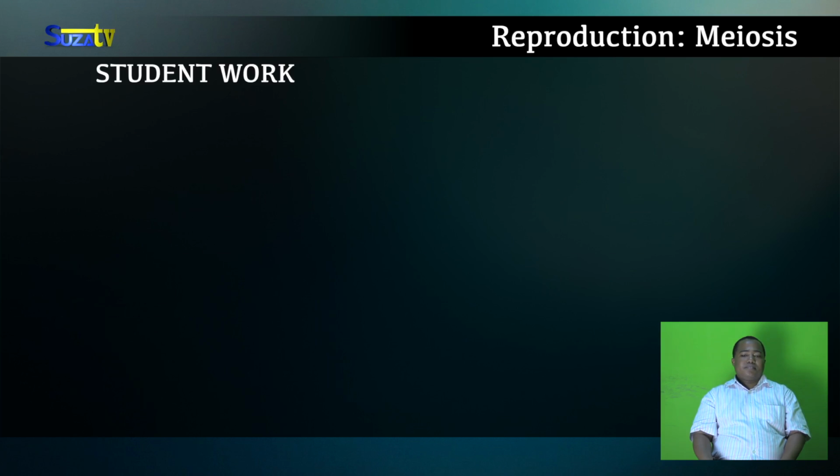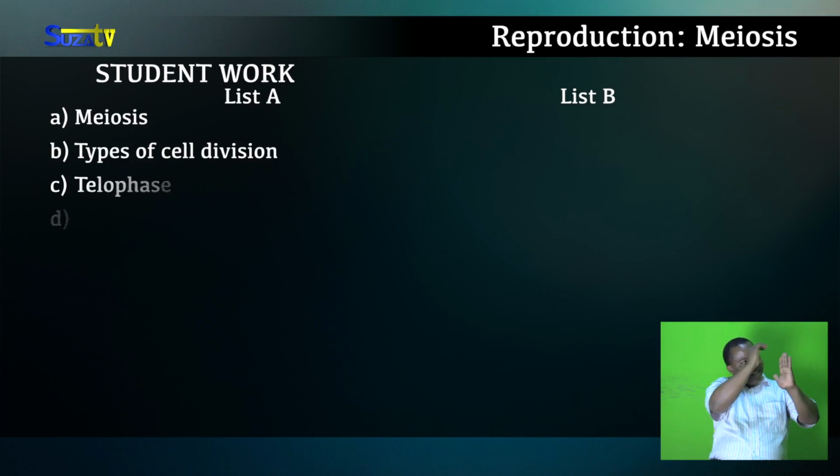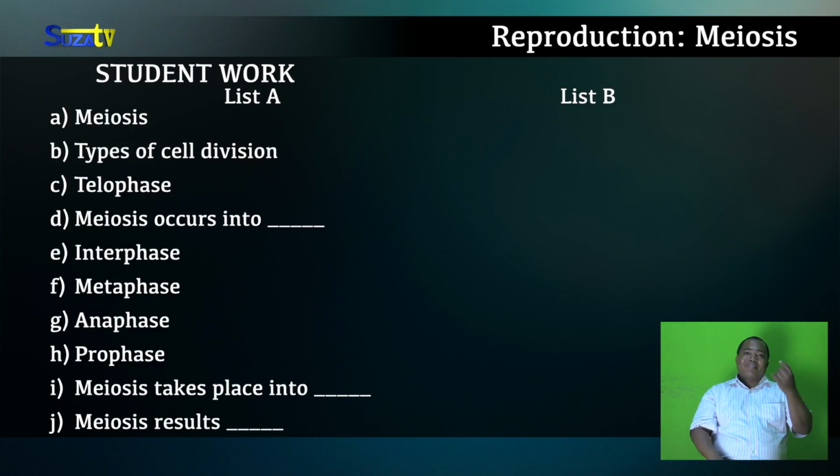The third question is a matching item question. Here we have a list A and a list B. I am starting with list A. A. Meiosis. B. Type of cell division. C. Telophase. D. Meiosis occurs in.